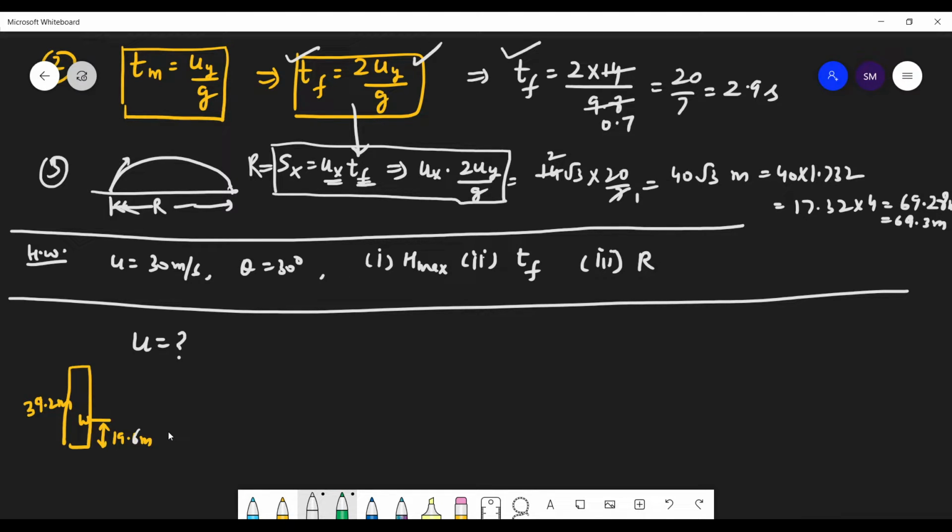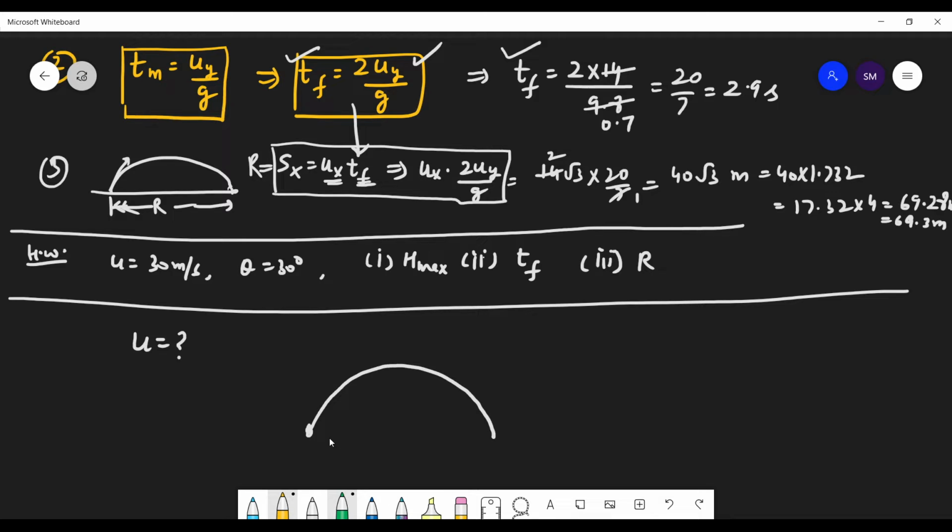Okay, students, look at the question. Like you have thrown a ball from here, and the building is... this is actually not the case.